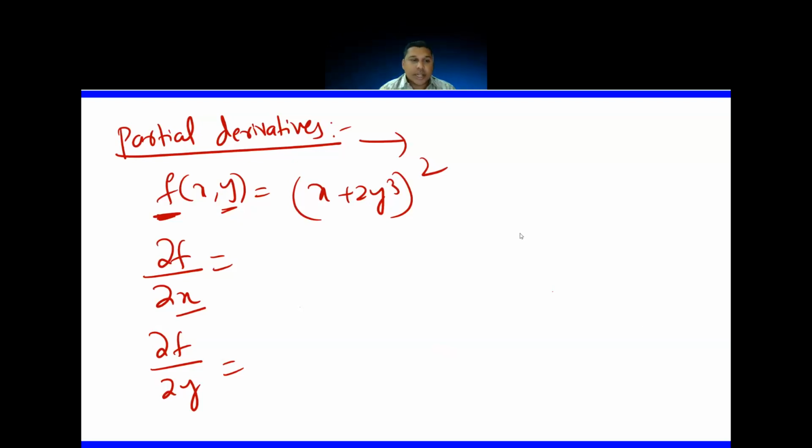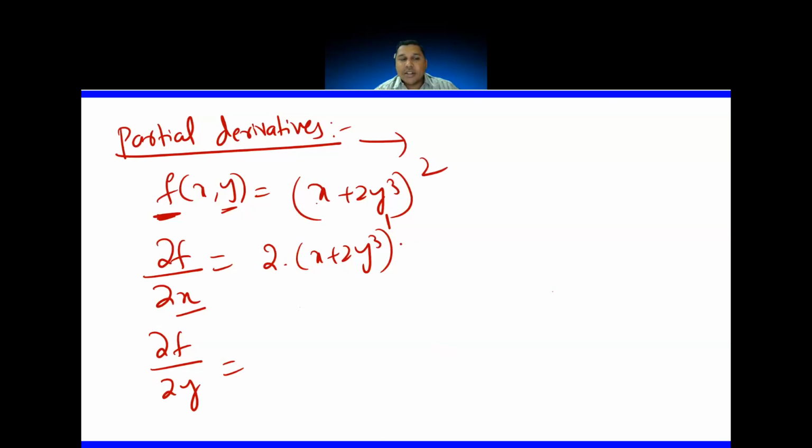Let's see. Maybe you are right. Let's see dou f by dou x. I'm doing this with respect to x. So this is a function of x, so it will be 2 into x plus 2y cube power 1, into the derivative of only x here.